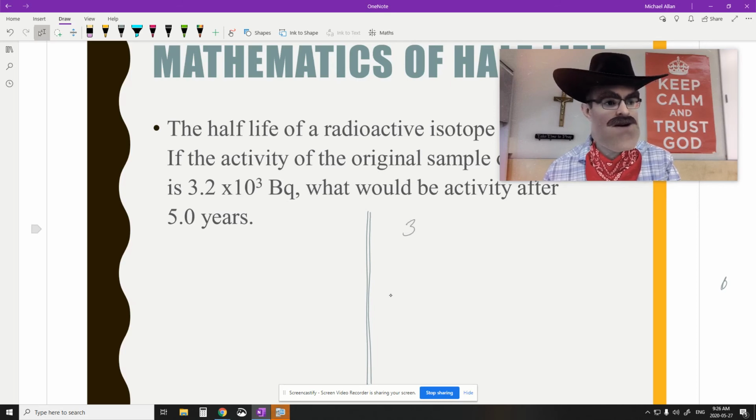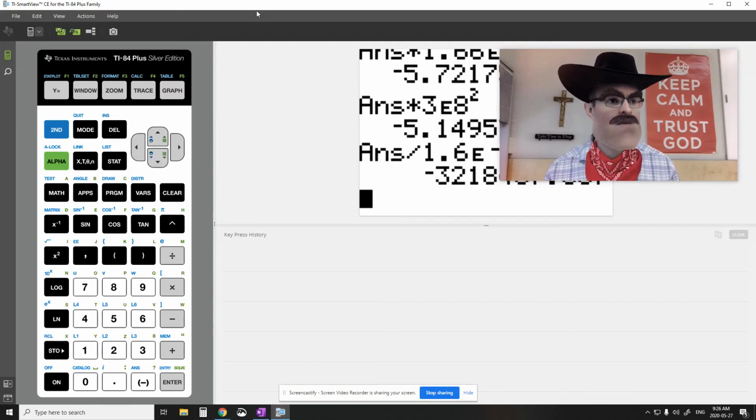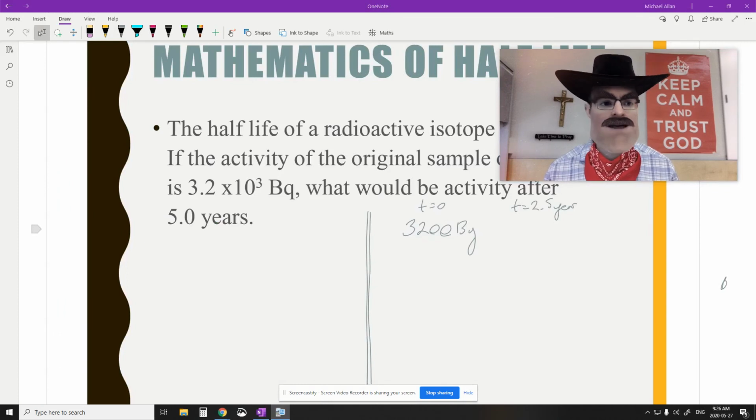So I start off with 3,200 becquerels as time is equal to 0. At time is equal to 2.5 years, what's my activity going to be? Let's calculate the other side. So I'm going to take that 3,200 there and divide it by 2.